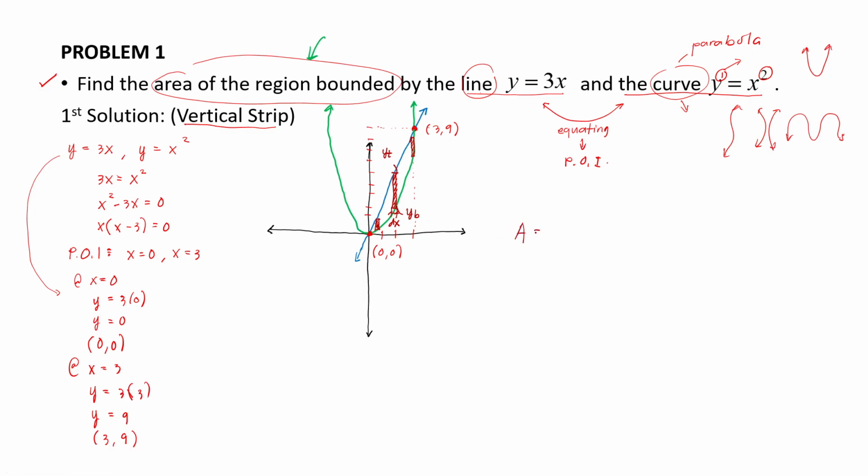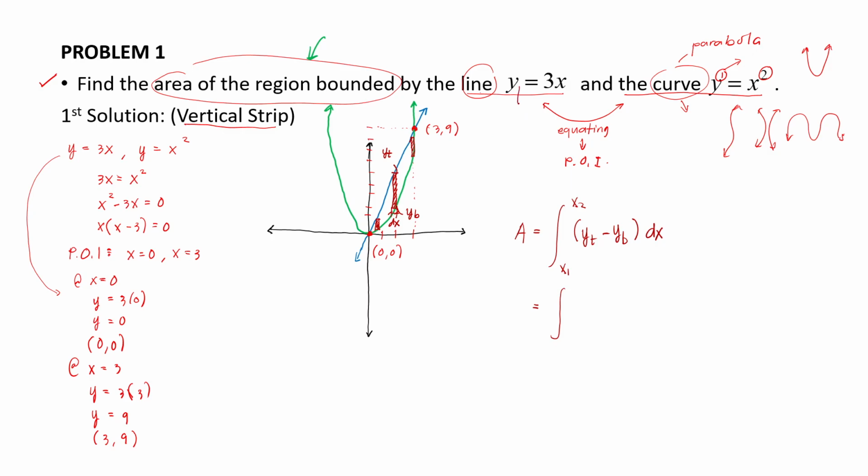So area is equal to integral of y top minus y bottom dx from x1 to x2. Okay, so y top, that's the blue portion, that's the line.